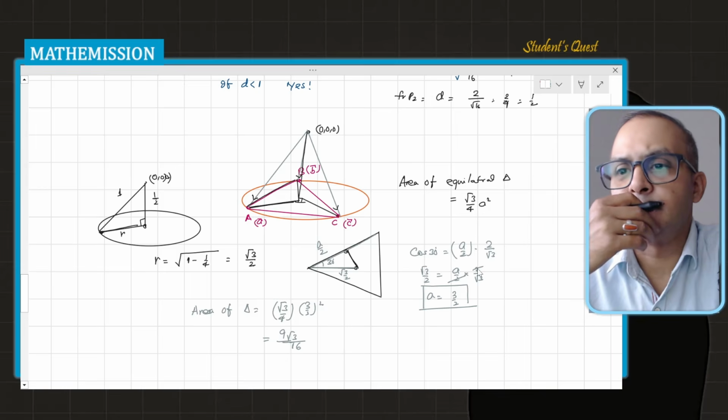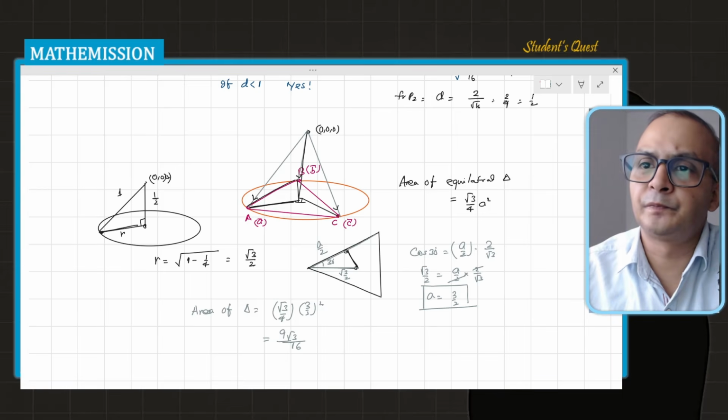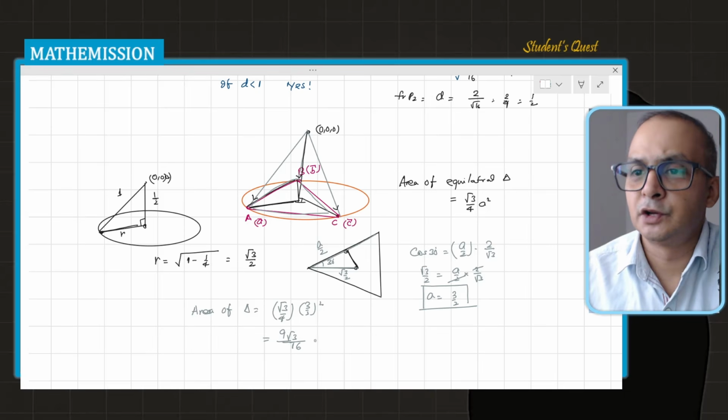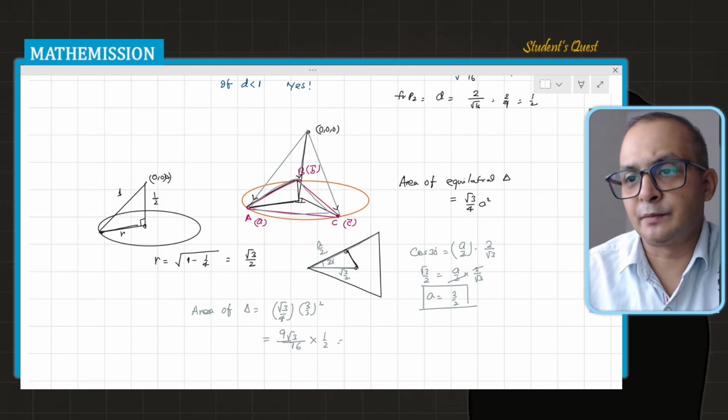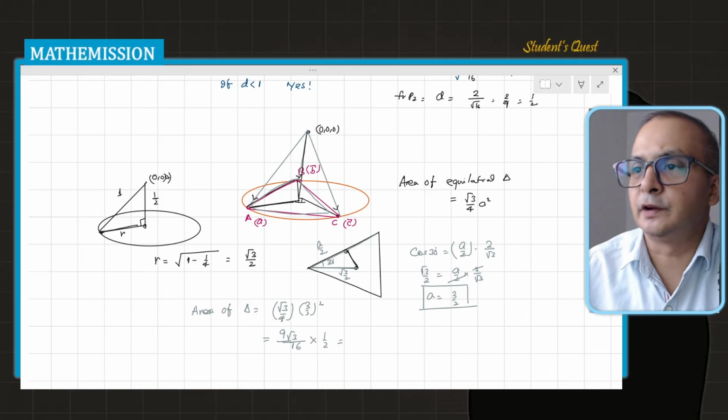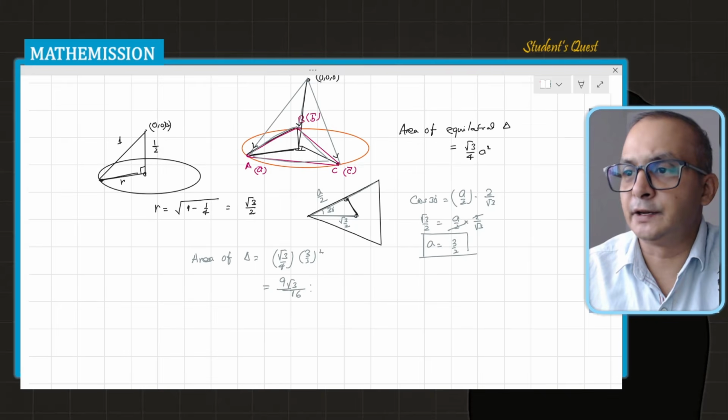Yes, because we are taking this base and multiplying by half. So multiplying by half, we get the volume of the parallelepiped, not the volume of this trapezium.